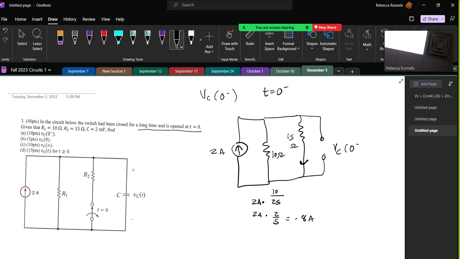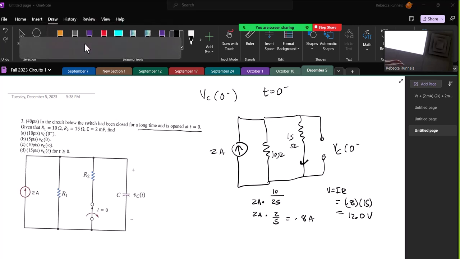And then the voltage will be V equals IR, which is 0.8 times 15, 12 volts. Okay, so that's just my instinct, the way I would do it.